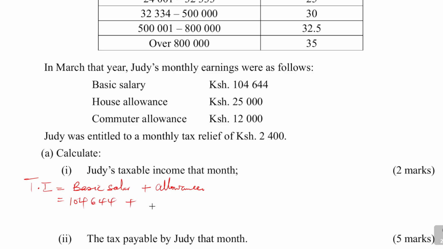Then plus the allowances, we have 25,000 plus the commuter allowance, which is 12,000. Actually, you're adding all these, and these should give 141,644. So that is how you're supposed to solve that part.